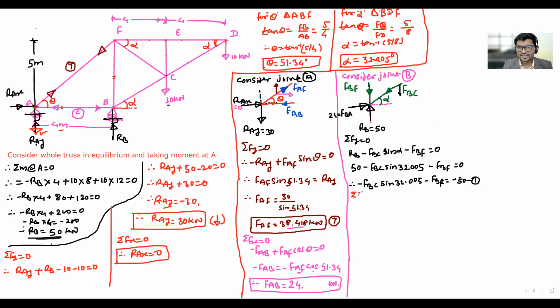Summation Fx, here you will get the answer. Okay. So FBA plus or minus? Plus FBA. What about the component of the BC? Minus, minus FBC cos of alpha equals to 0. Therefore FBA we are knowing, is it 24?